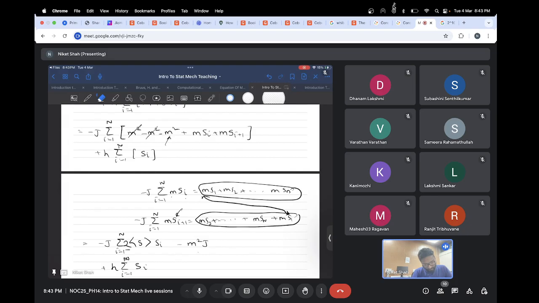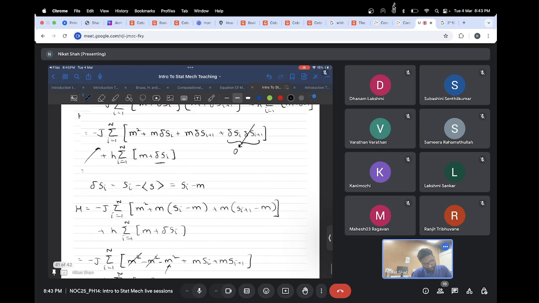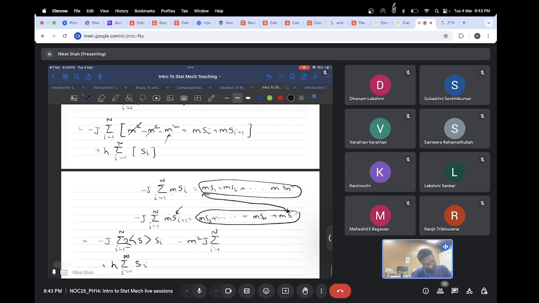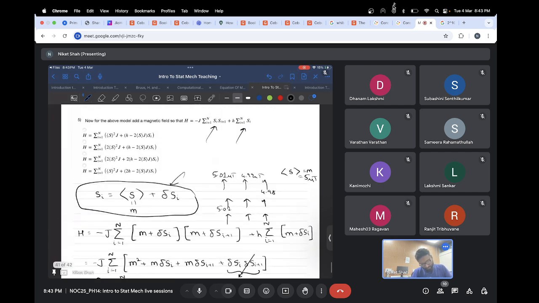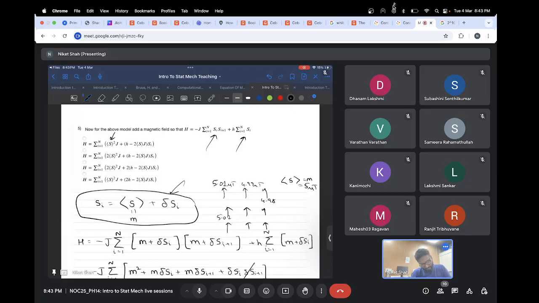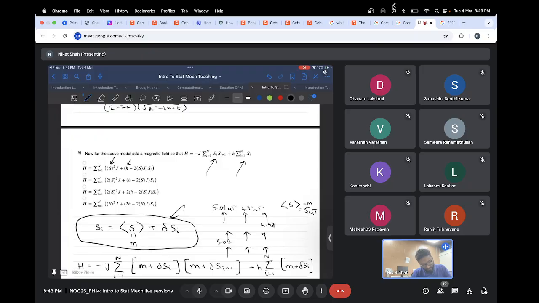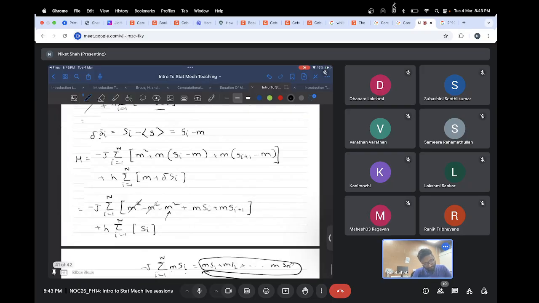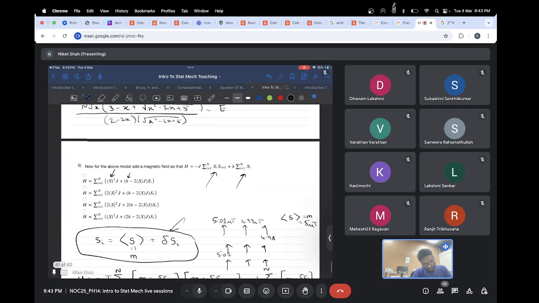This is just sum over i equals 1 to N, which gives me only N, M square into J, which is s square into J. So plus s square into J is the first term, plus h Si is the second term, and this is with a negative sign, minus 2JM Si, this is the third term.